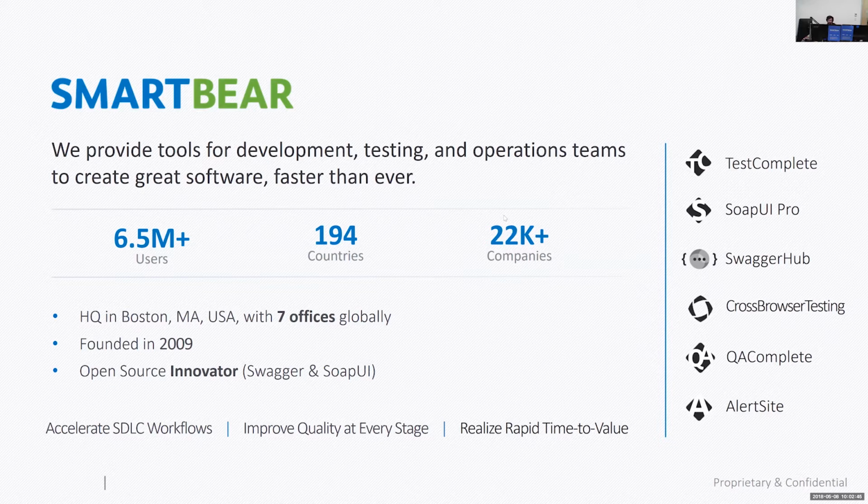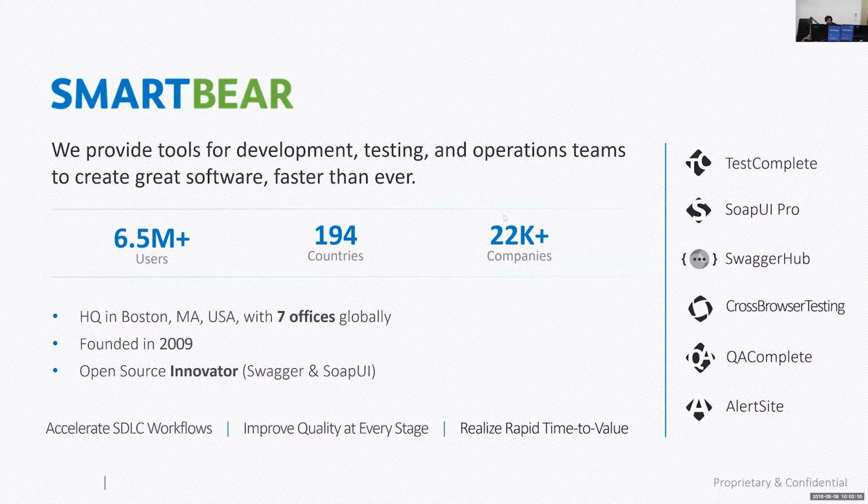We've got a very wide user base of 6.5 million across 194 countries in 22,000 companies, most of the continents at this point. We were founded in Boston, Mass, just outside in Somerville, with 7 offices globally, so we try to cover as many time zones as we have customers in.